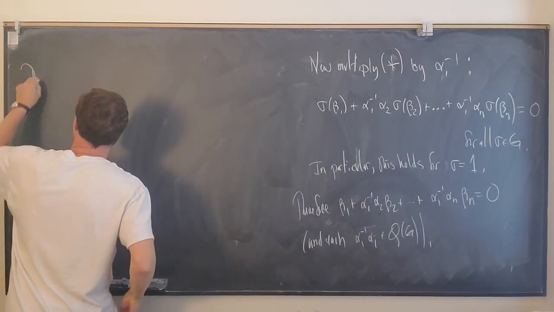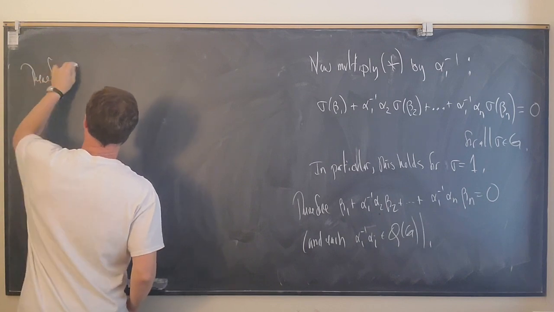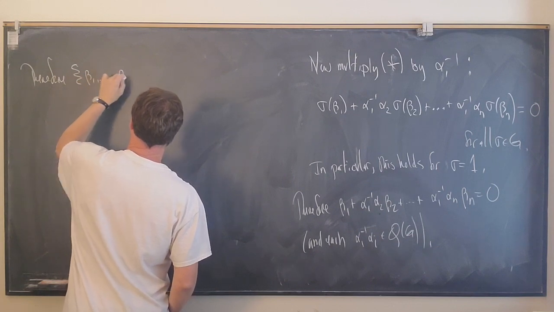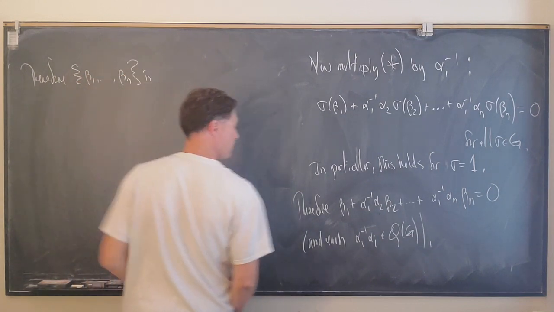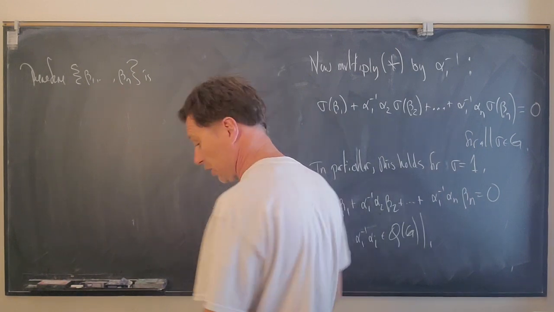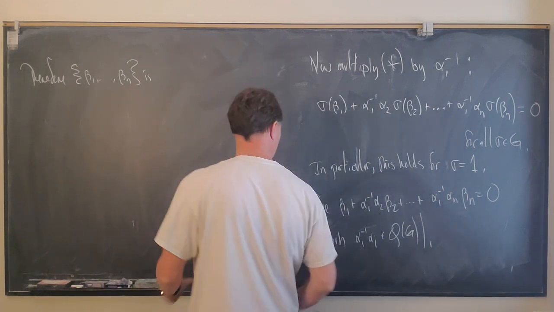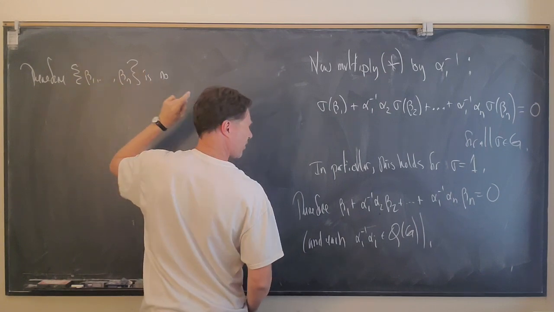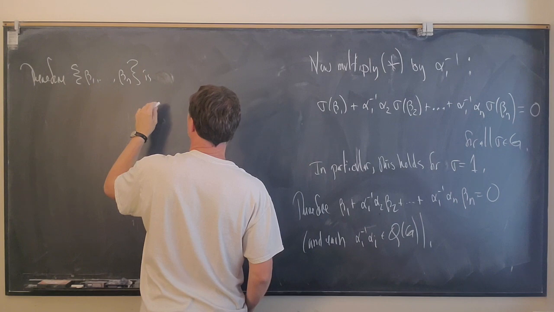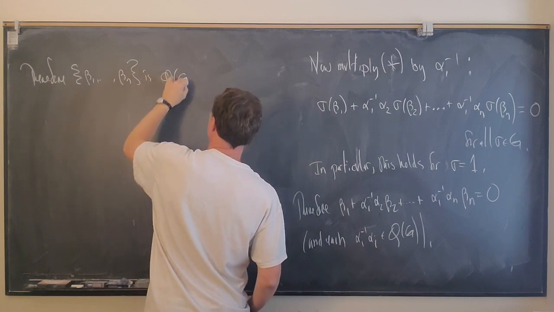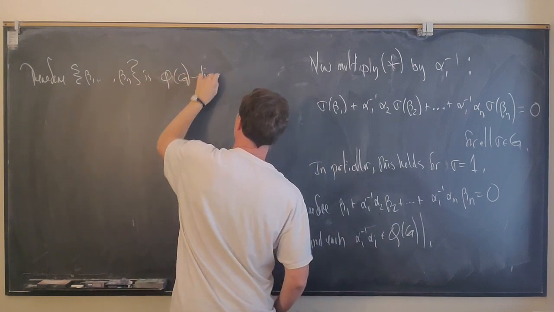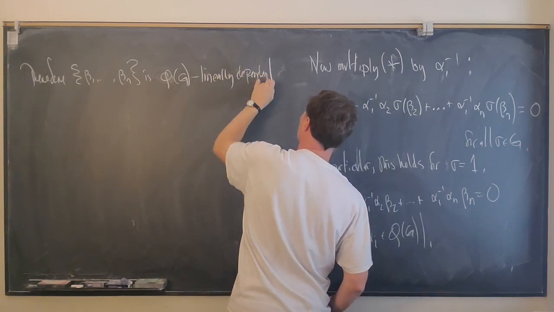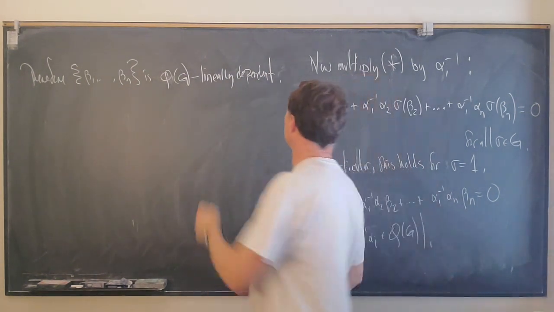So therefore, the collection beta 1 up through beta n is phi G linearly dependent, right? But that's a contradiction.